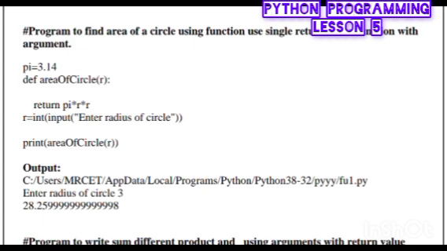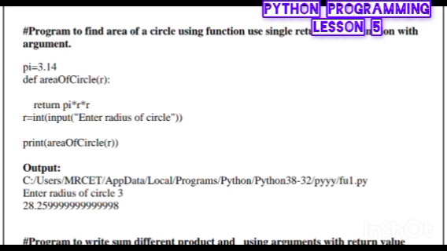Here we define pi as 3.14, and the definition area of circle we define as a function. Area of circle function, here the argument is r, return pi r square. Here r equal to input, we can take the input and assign it as an integer: int, enter the radius of circle.